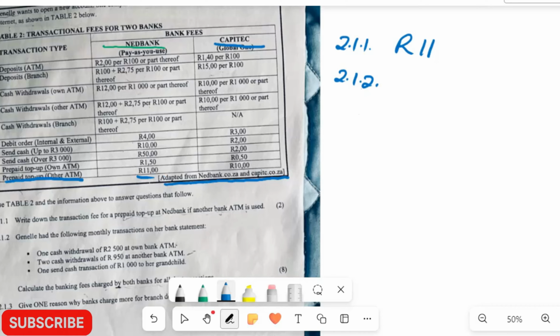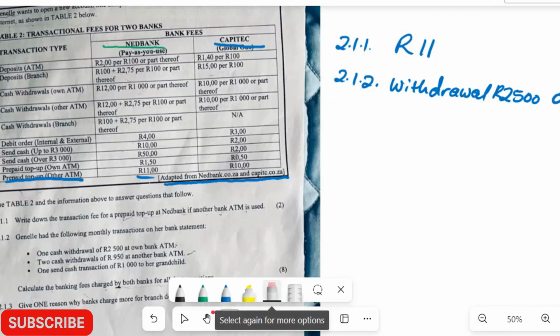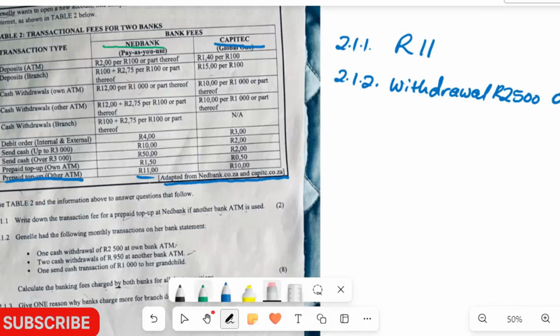Cash withdrawal of 2,500 at their own bank ATM. Number 2, she had 2 cash withdrawals.